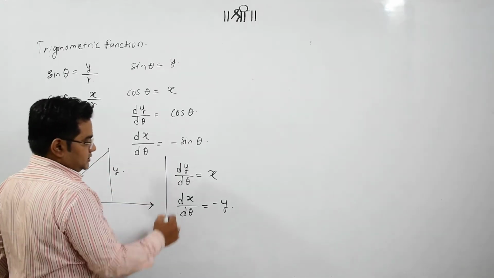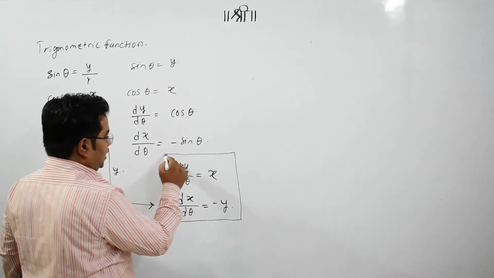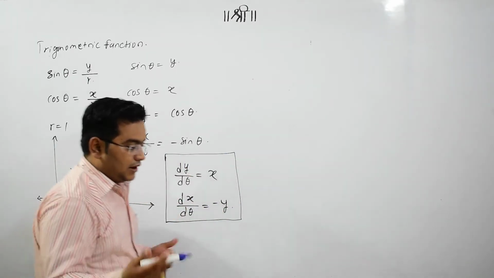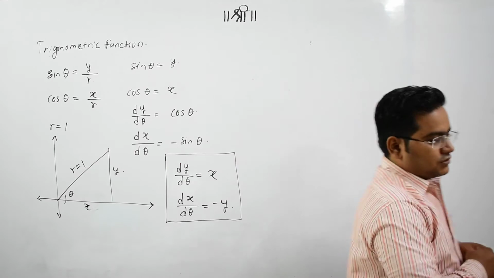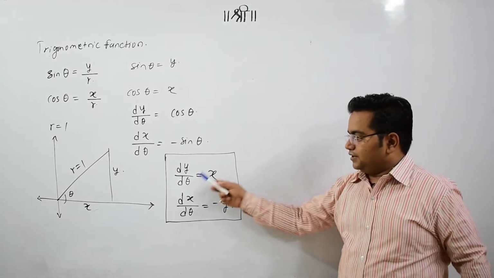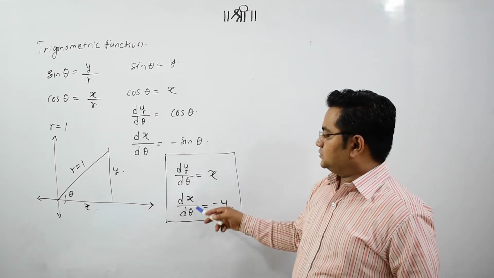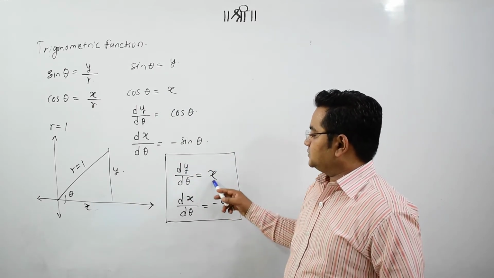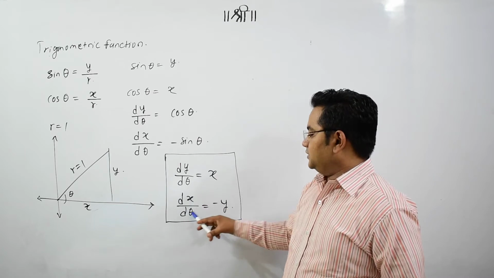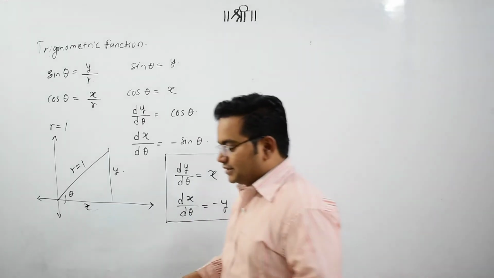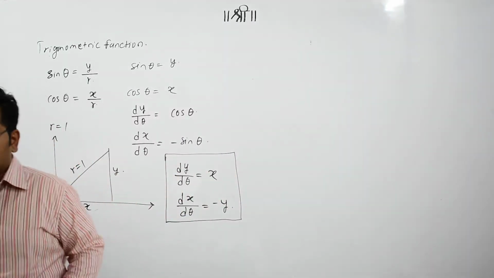So why are these derivatives related to each other? How are they related to each other? We can see how. The derivative of this function with respect to theta: if dy upon d theta is equal to x and dx upon d theta is equal to minus y, then anyone can easily tell what x and y are.